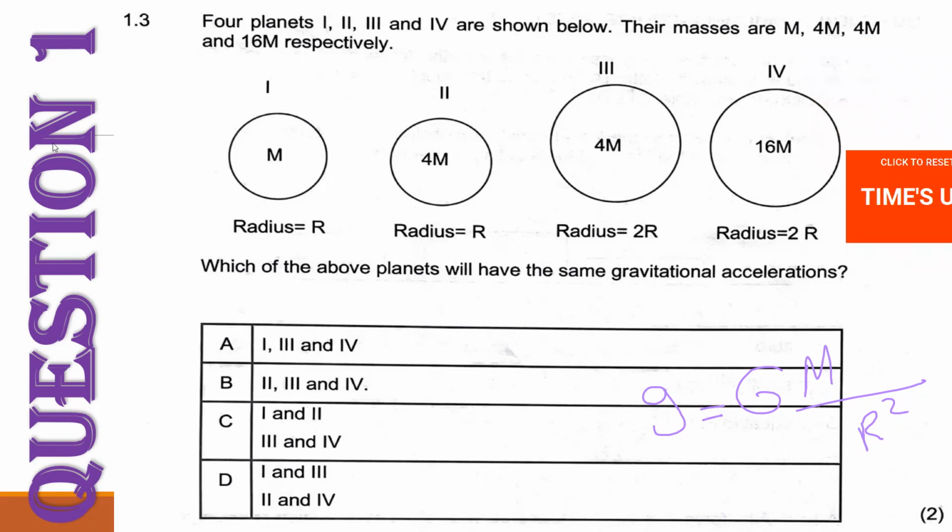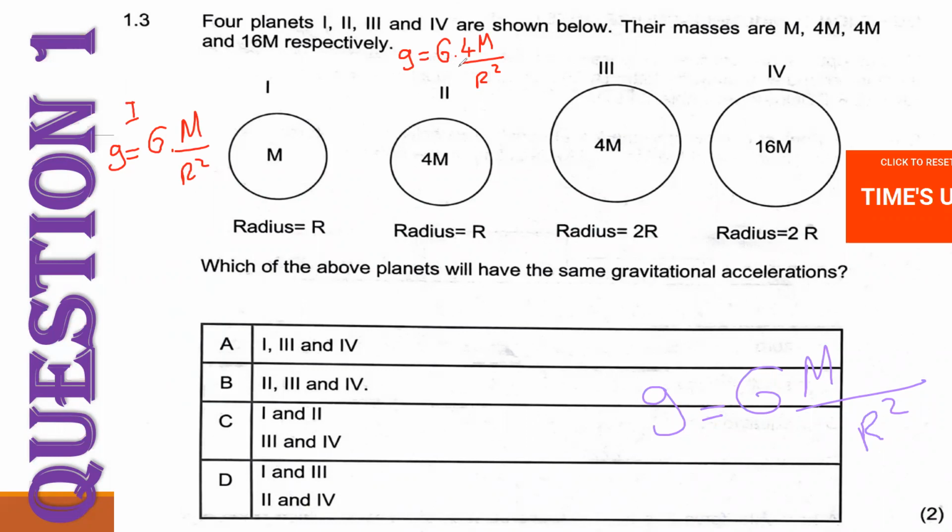Let's start. Let's use different colors now. First one: g equals capital G, M over R squared. This is our first planet's gravitational acceleration. Second one: g equals capital G times 4M over R squared. Can anything simplify? Nothing.